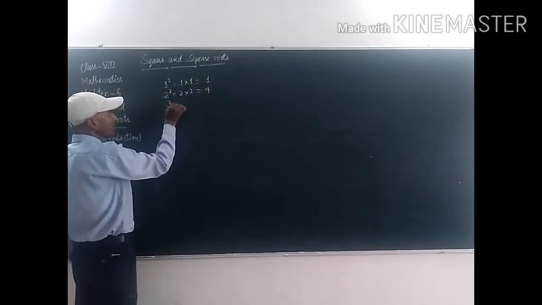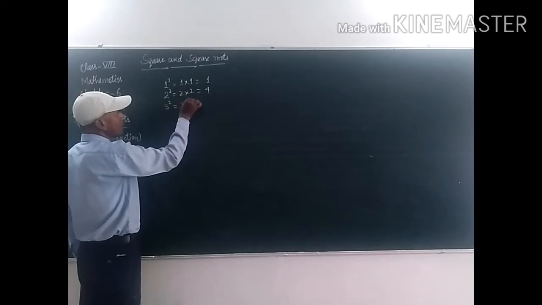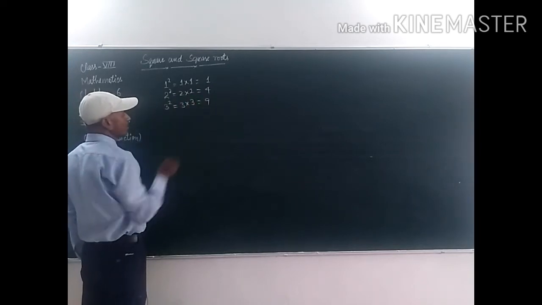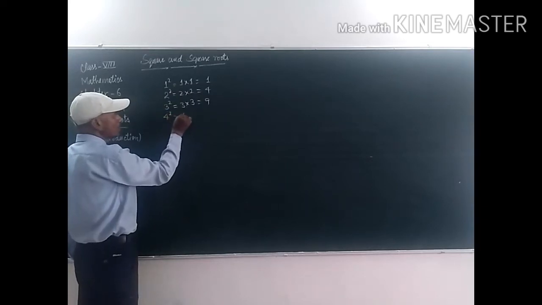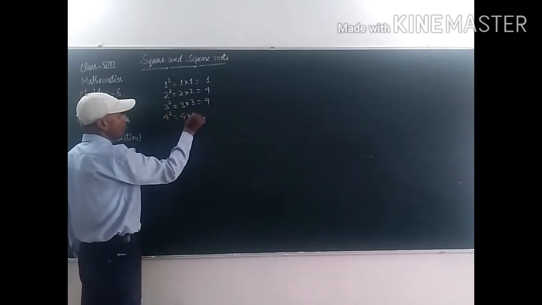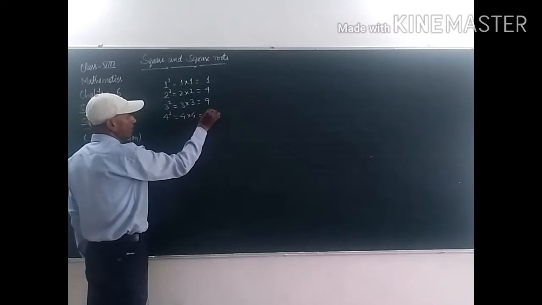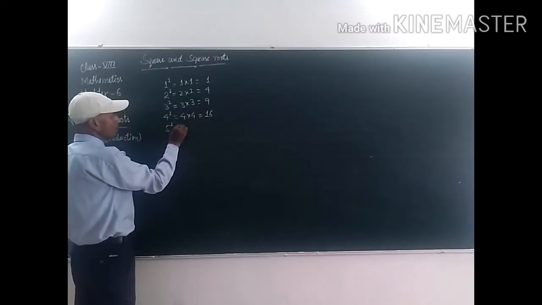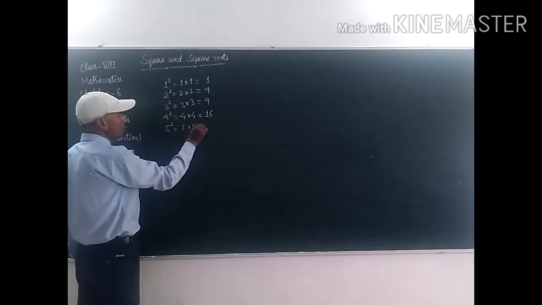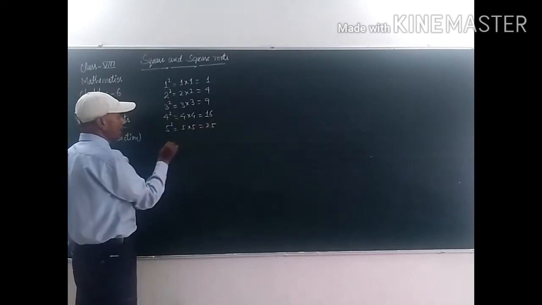Square of 3, that is 3 into 3, this one 9. Square of 4, it means 4 multiplied by 4, and we get 16 here. Square of 5, that is 5 into 5 is equal to 25.